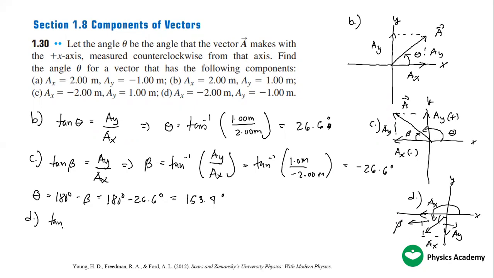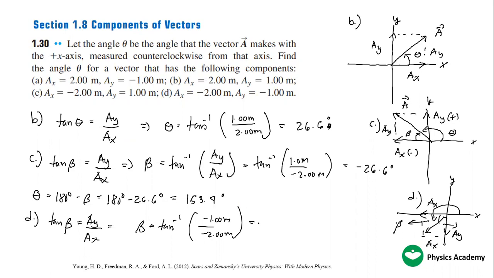Tangent of beta is equal to the opposite, which is AY, over the adjacent, AX. So our beta is equal to the tangent inverse of our AY, which is negative 1.0 meter, over negative 2.0. So it gives us tangent inverse of negative 1 over negative 2.